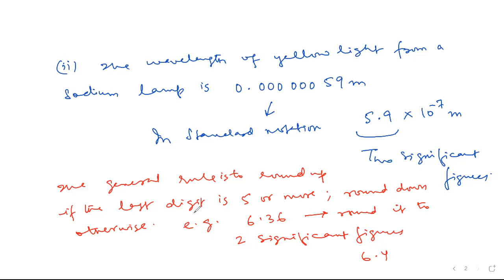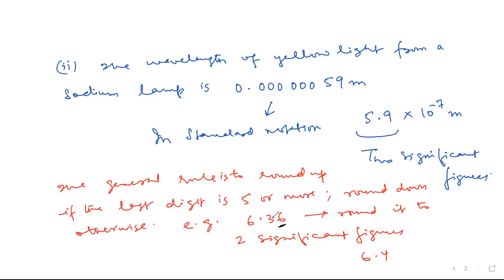I'm saying the general rule for rounding is to round up if the last digit is 5 or more and round down otherwise. So if I have 6.36 and I want to round it to two significant figures, I have to drop this 6, but I have to round up this 3.